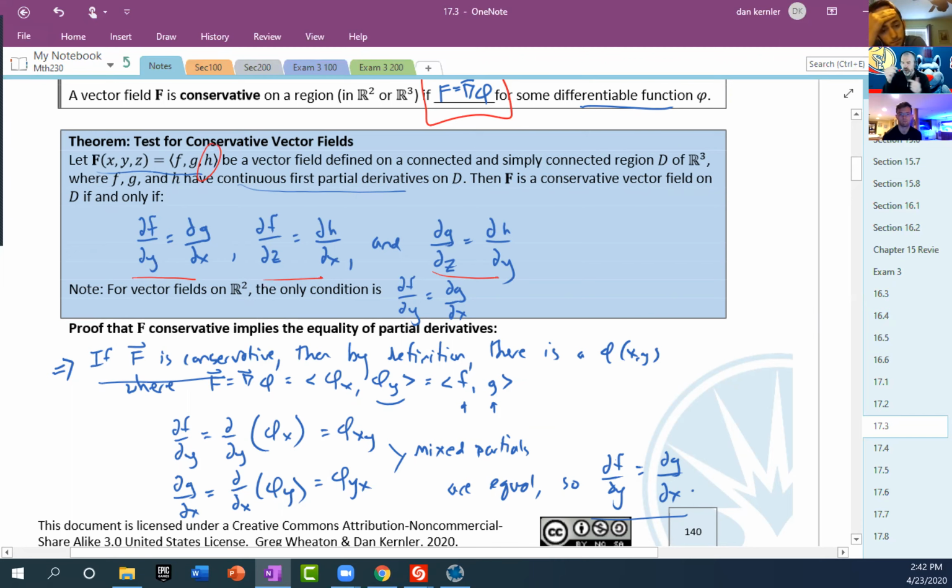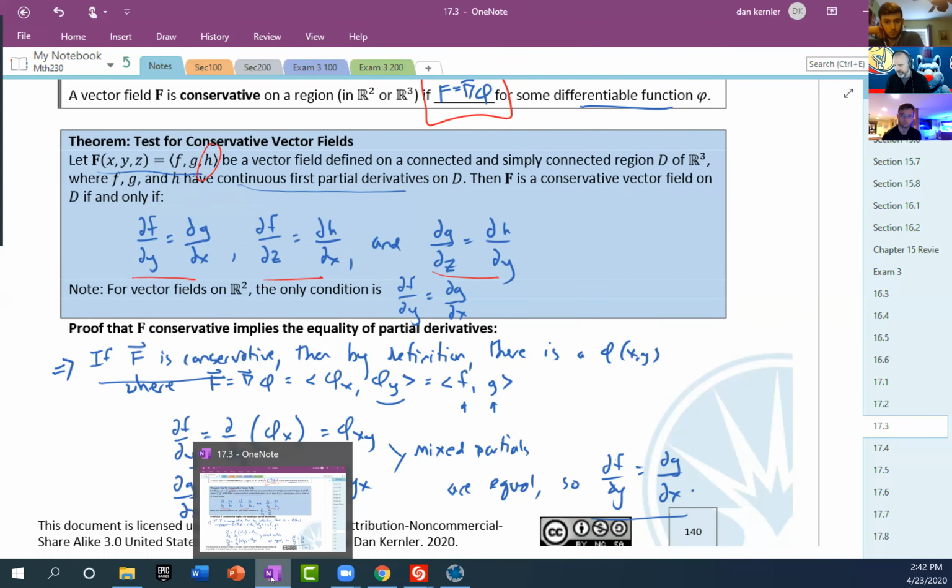All these cross partial derivatives have to be equal. That's the test. And if they are, then you can work backward and figure out what the original function must have been that the gradient came from. Those are the 2 examples I wanted to do today.